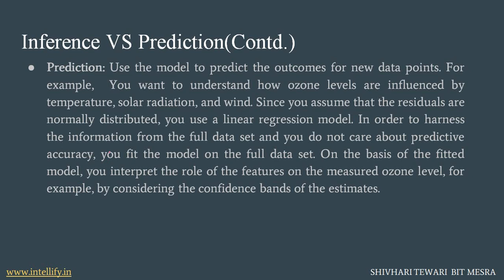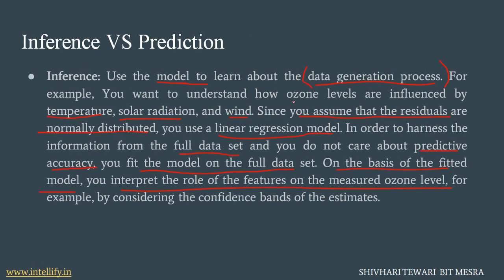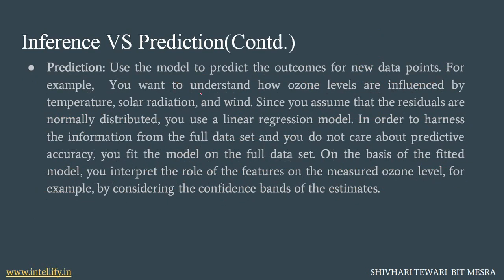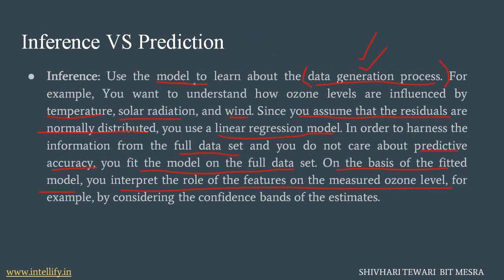Let's move further. Now what is prediction? Look, in inference I've told you about the data generation process. This was the major concern of inference. Now in prediction we use the exact model that we have been using in the inference system.